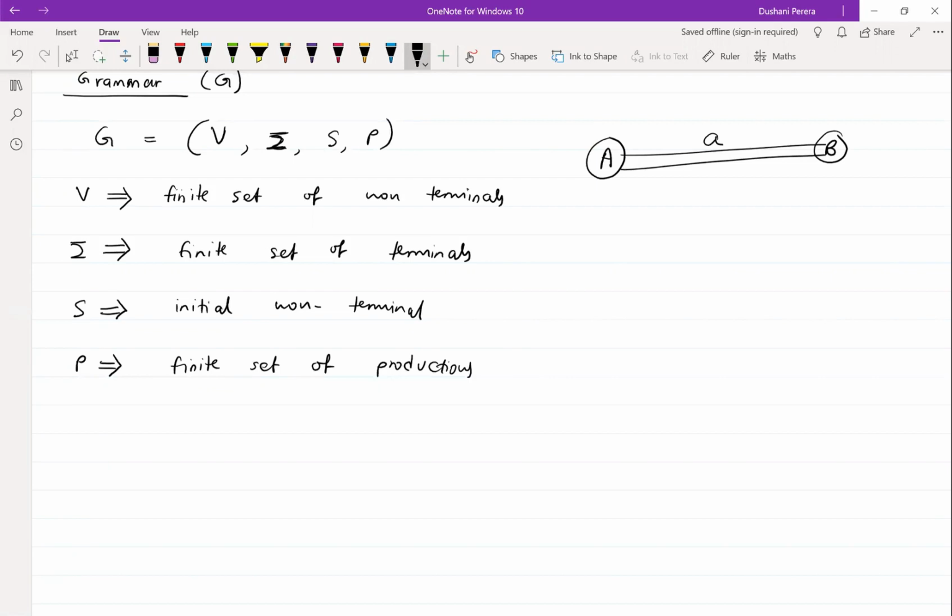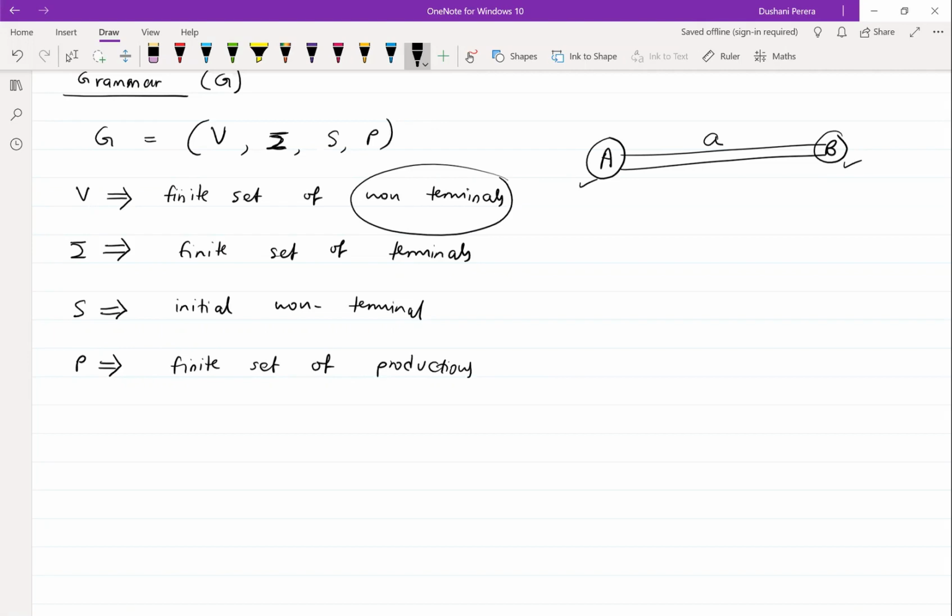So you can go from A to B through the terminal a. Here A and B come under non-terminals. These are the states, the definite places, endpoints rather, and we can go from one to another through a terminal symbol.